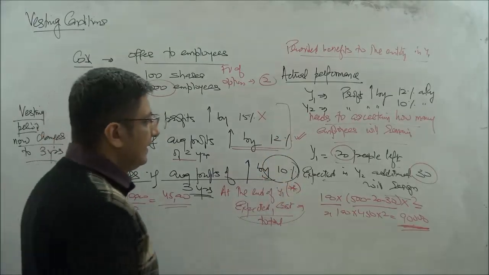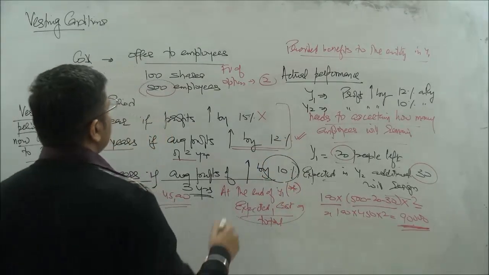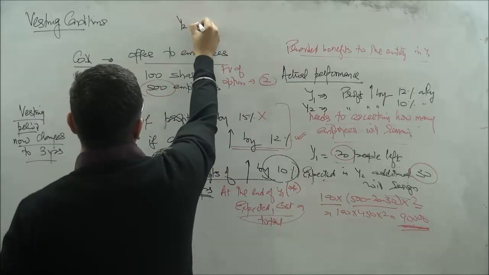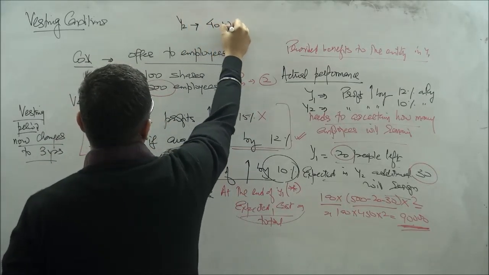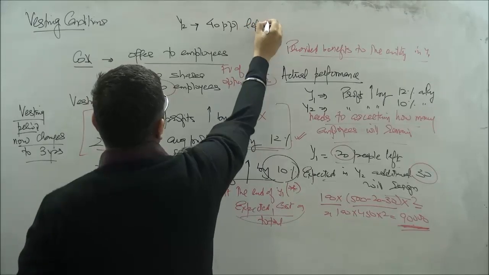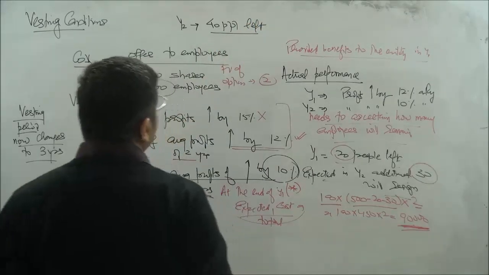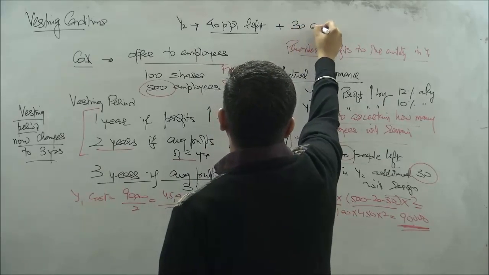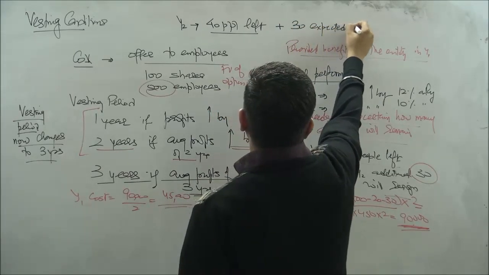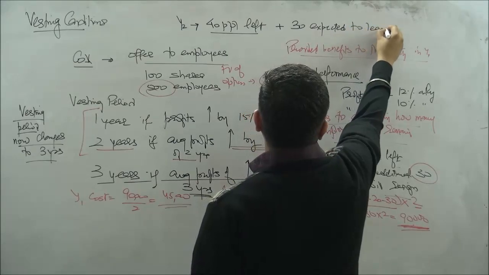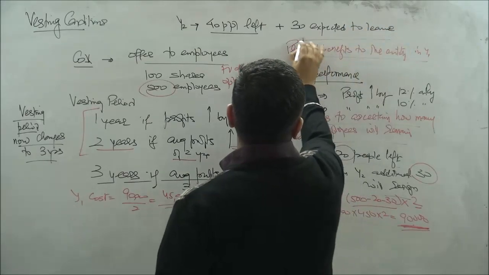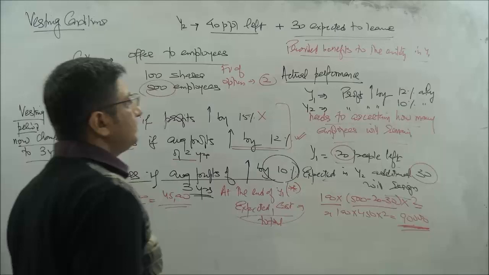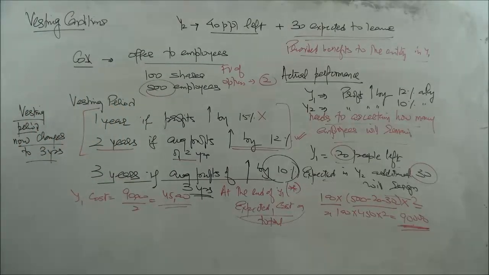But then let us say, for the sake of understanding, that in the year 2, 40 people left, and another 30 are expected to leave by year 3 end. Okay, right?